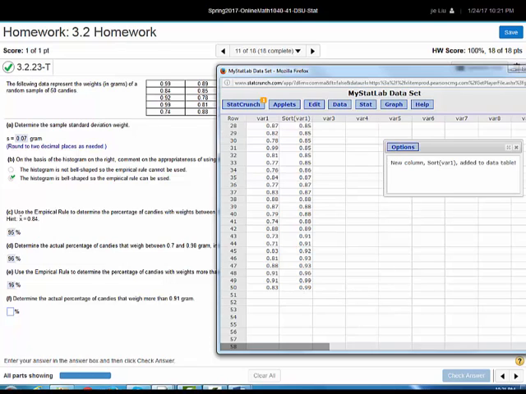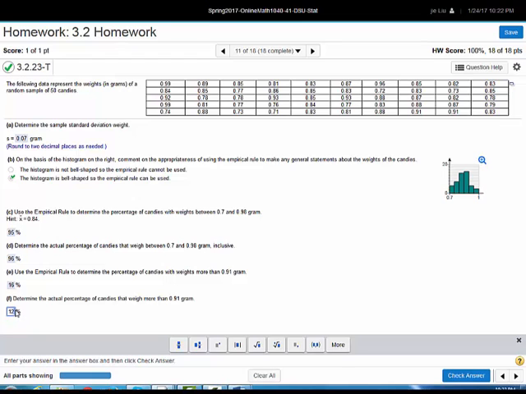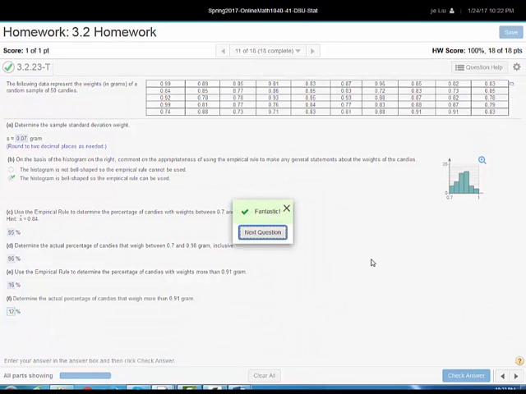So you use 6 divided by 50, which gives you 0.12, or 12%. Okay, so that's how you look at the set of data and compare it with the empirical rule.